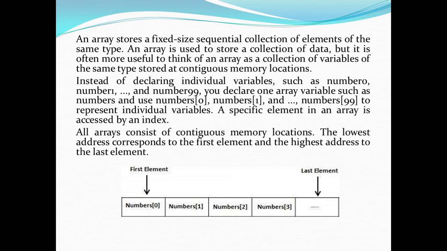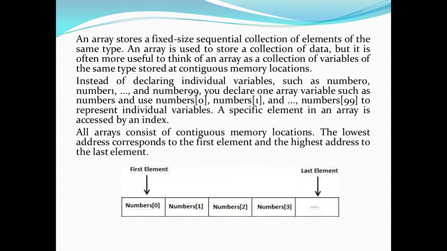There are three things to be remembered in the case of an array: all the elements have the same type, they are stored at contiguous memory locations, and they have the same name. They are distinguished from each other by their index number.